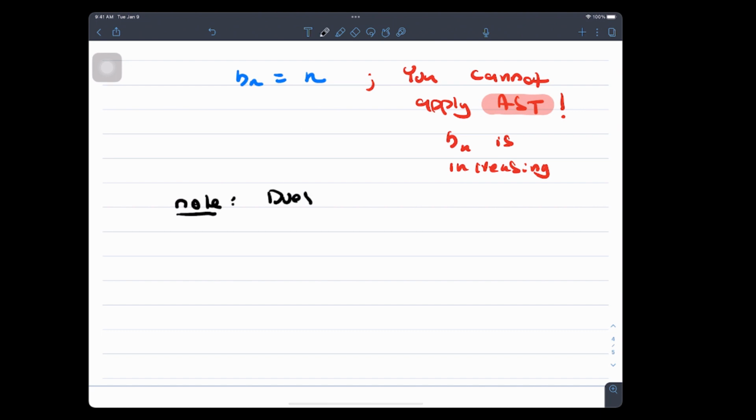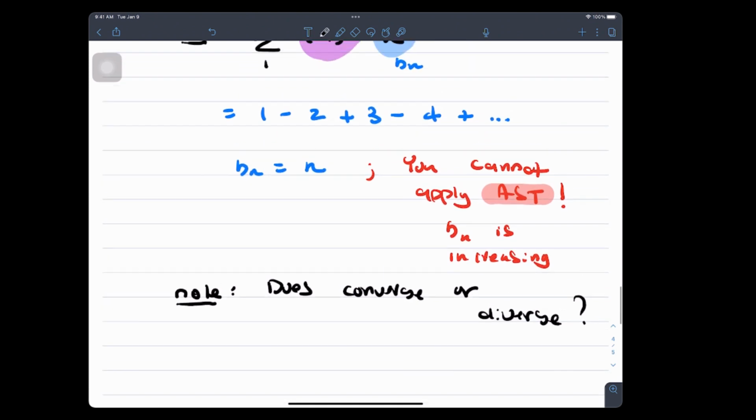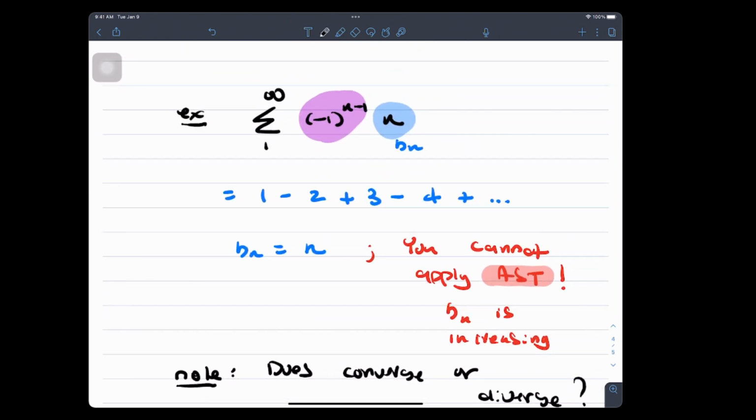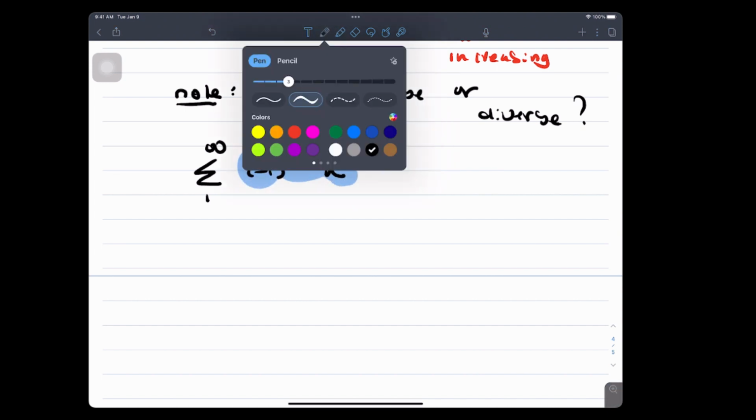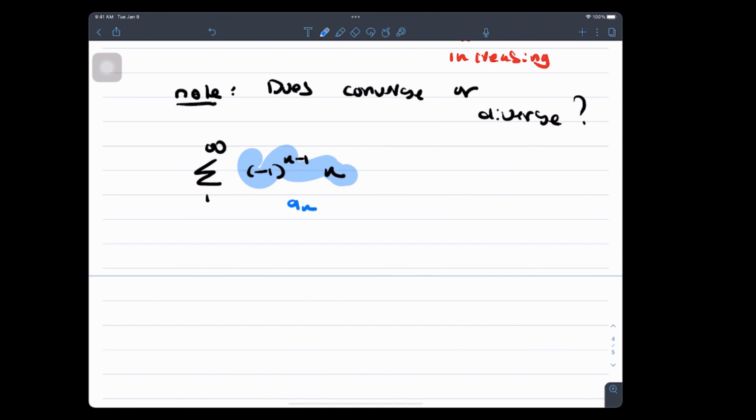Does the series converge or diverge? And if so, we have to know why. Okay, you guys okay with that? So I know it seems like a very simple or a silly example, but it isn't. Okay, I'm going to go over here. You guys with me on that? I'm going to call that An.